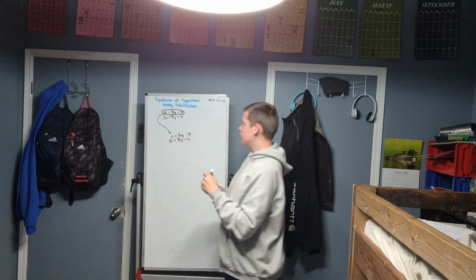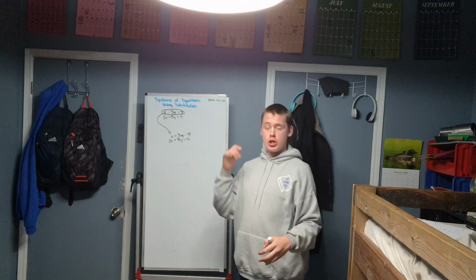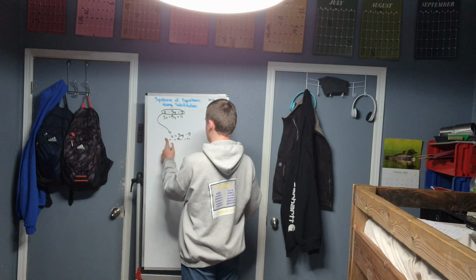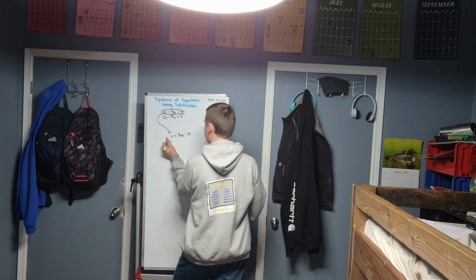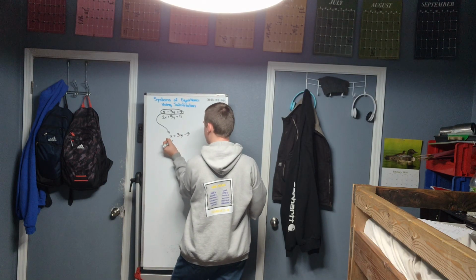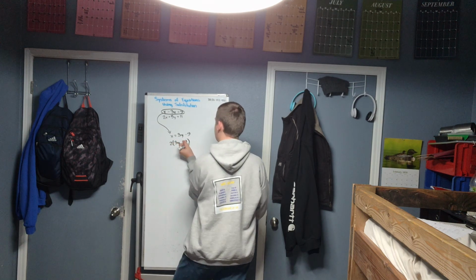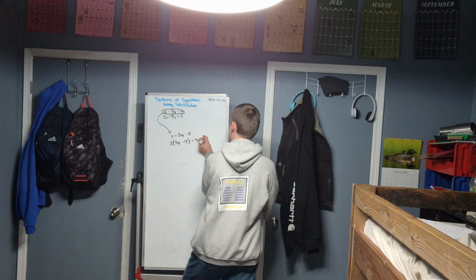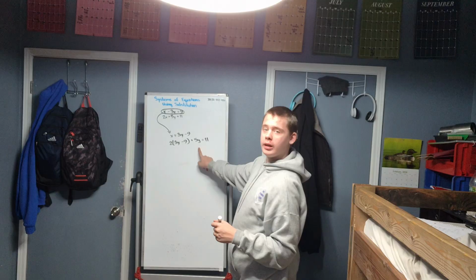So, now we're going to change a little bit. We're going to do 2 times (3y plus 9) plus 5y equals 11. This is how it should be.